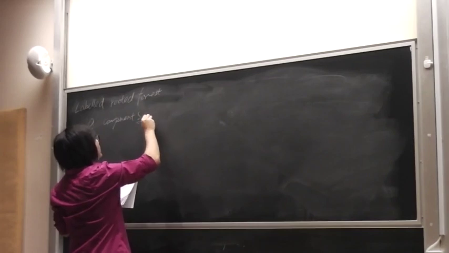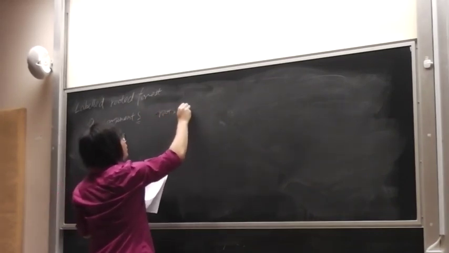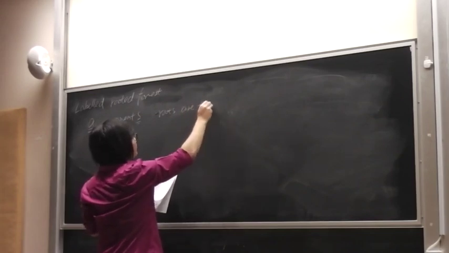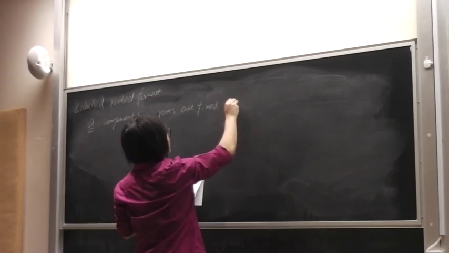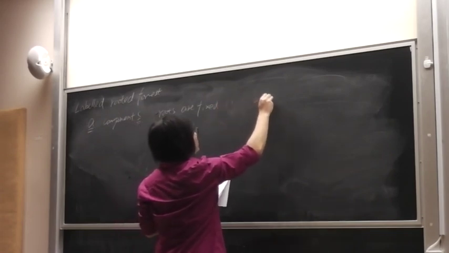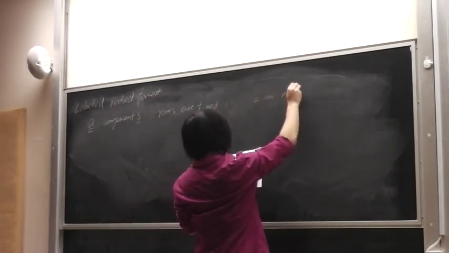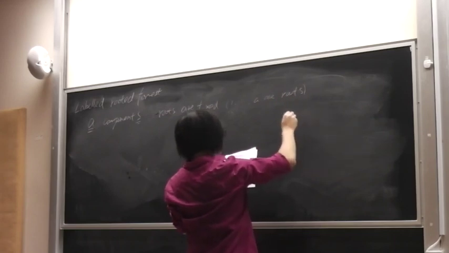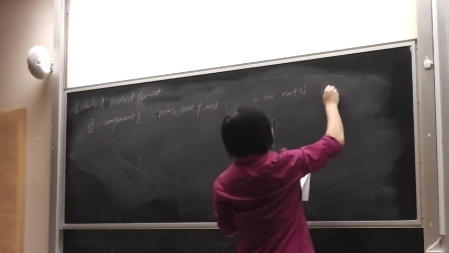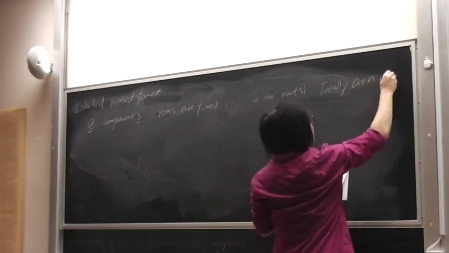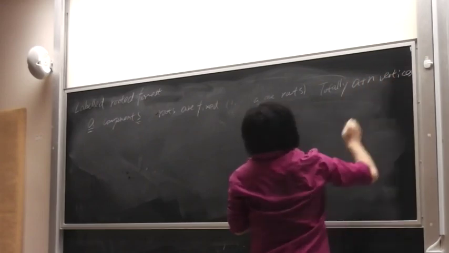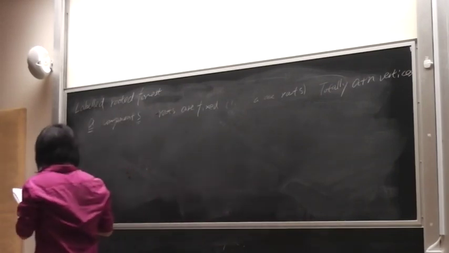And the loops are fixed. So the definition might be somewhat different. So we can say it's just 1 up to a are loops. And totally a plus n vertices. So there are n non-root vertices.